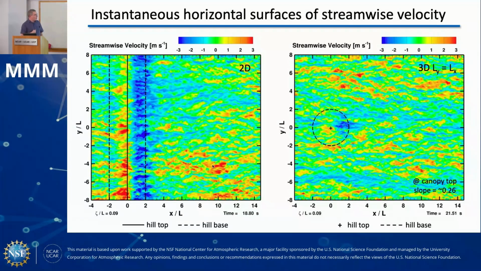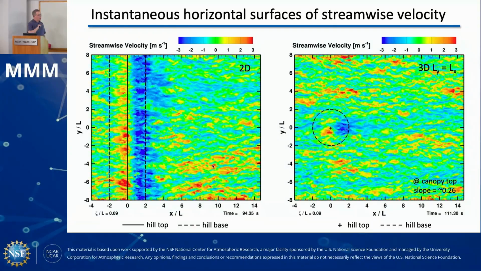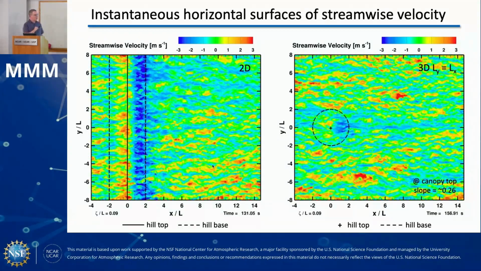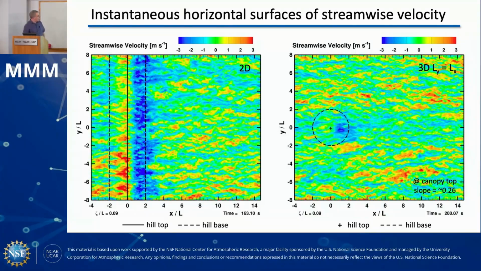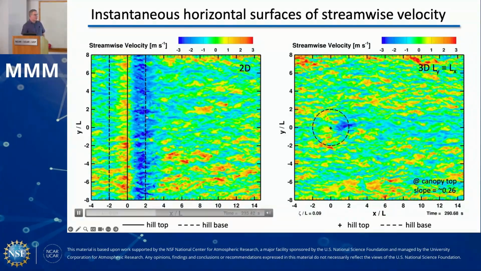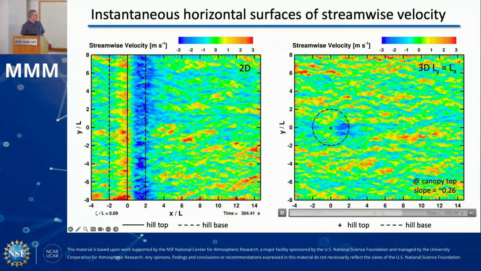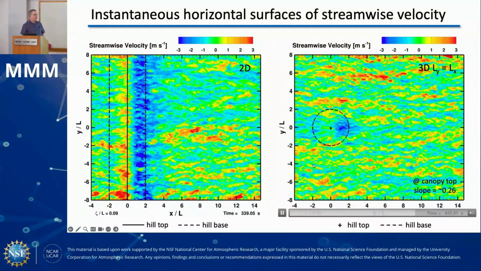But if you look at them from on top, so these are terrain following surfaces at about the top of the trees. So this is now here, the dashed line, this is the base of the hill and the downwind base of the hill, and this is hill crest, and this is the base of the 3D hill and hill crest with the plus on it.